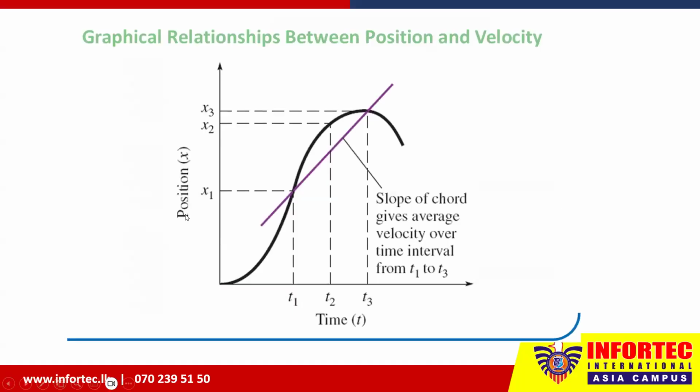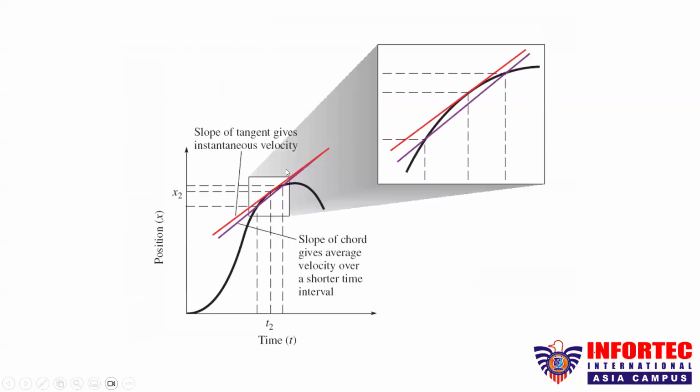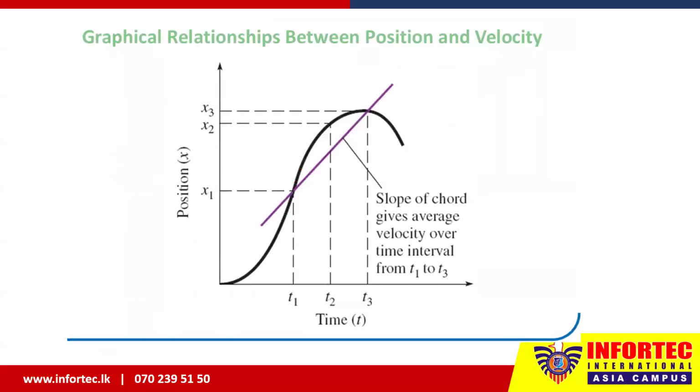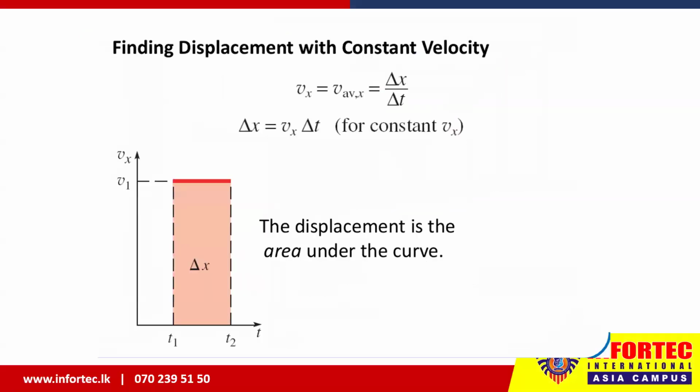Then you can see in the time and position graph, taking the time interval t1 to t3, we can draw the tangent line at a point. The slope of the tangent gives the instantaneous velocity at that point. At some point, we can draw the tangent and find the value of the slope, right? Here this represents the velocity from the displacement-time graph.